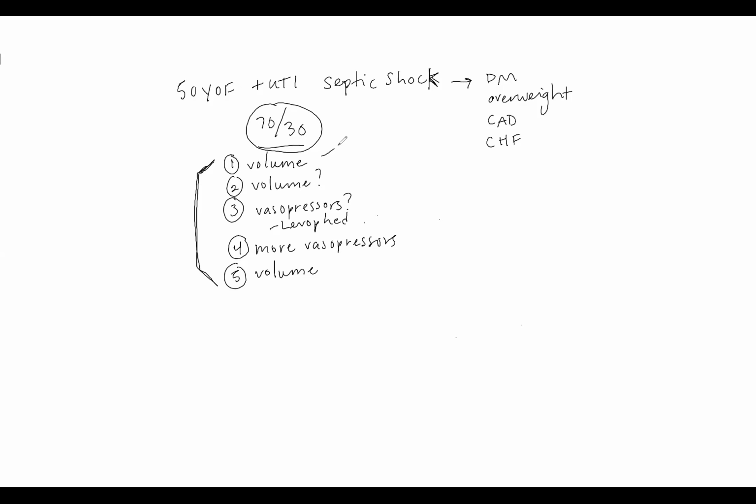The issue is when we fail to immediately recognize that they have switched from a distributive shock picture to a different type of shock picture, which is a very difficult clinical assessment to make. So I really encourage people to be investigating what's going on afterload-wise. What are the differences in this distributive shock picture versus this cardiogenic shock picture? And how do I pick up on those subtle changes in those patients when I don't have advanced monitoring?